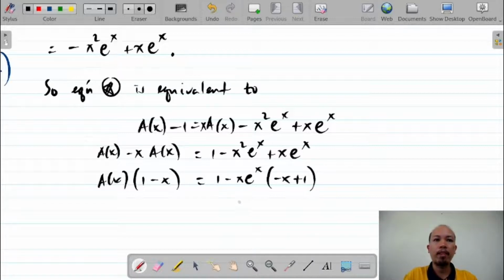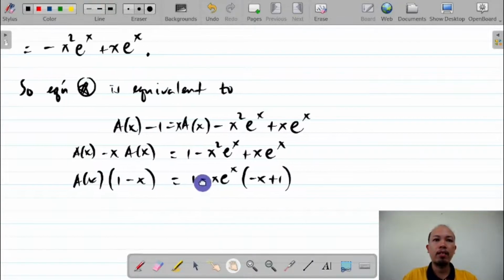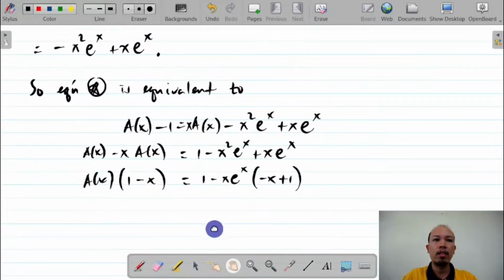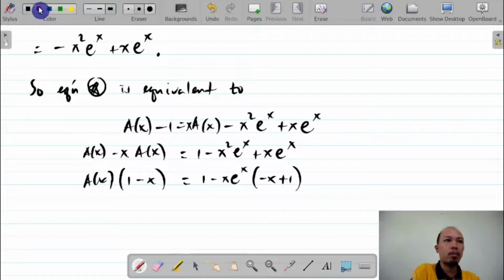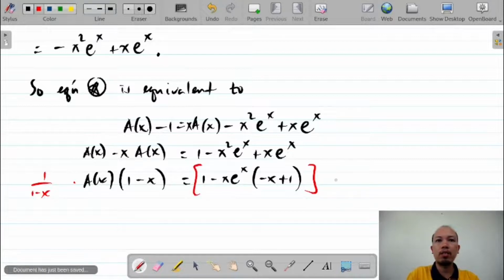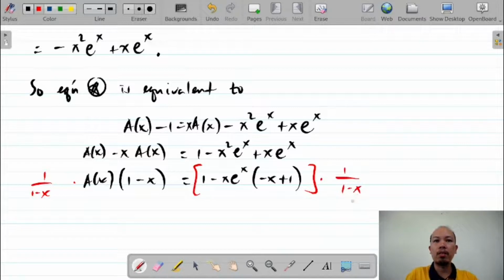Okay, and we can divide both sides by 1 minus x. We can multiply both sides by 1 over 1 minus x.